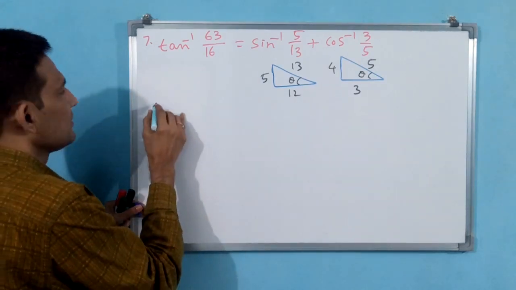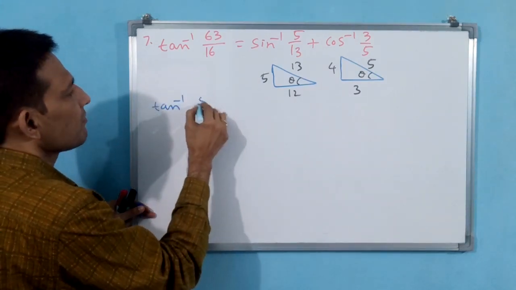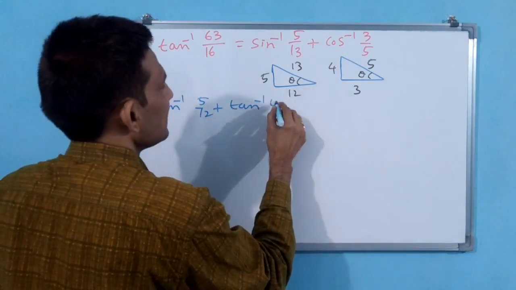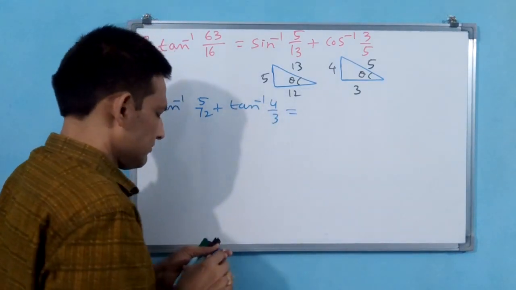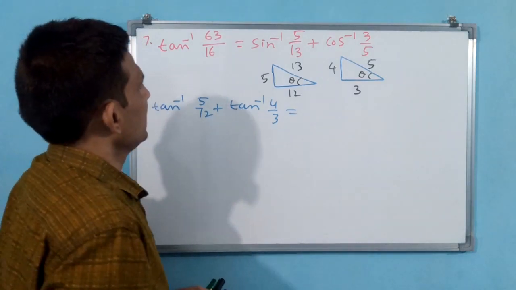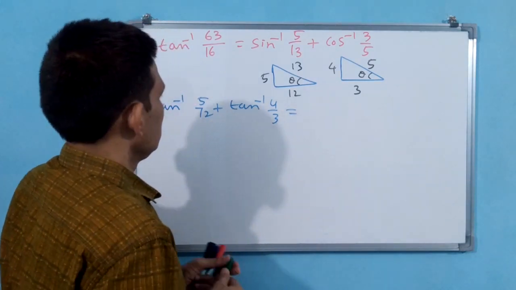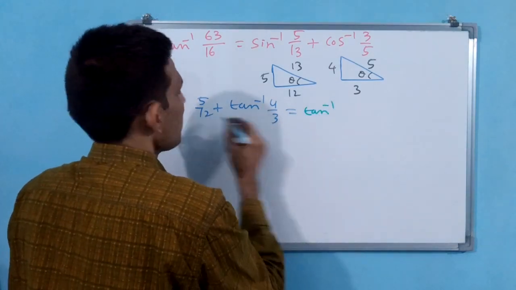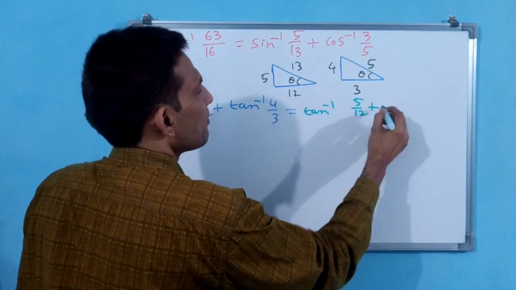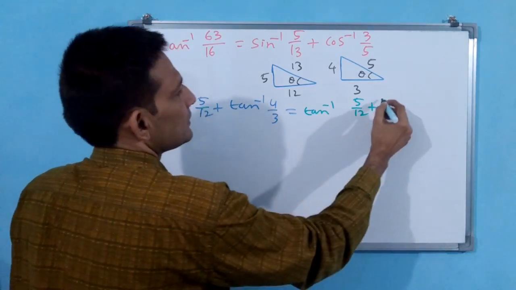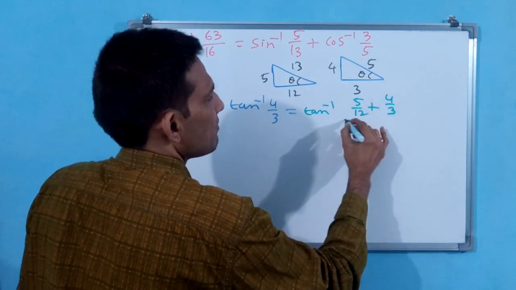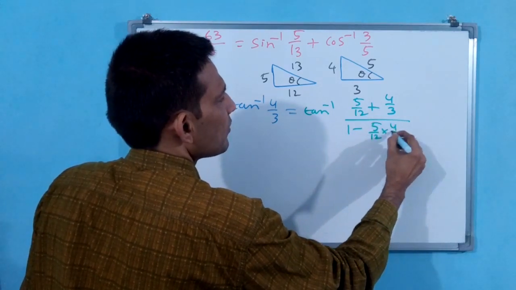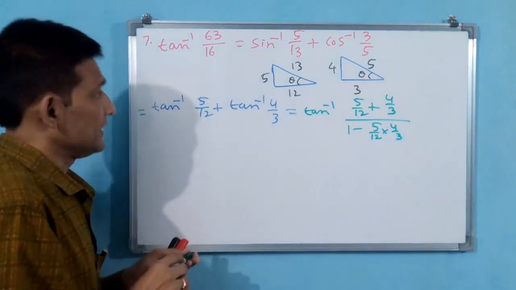RHS, like you have to write: tan inverse 5 by 12 plus tan inverse 4 by 3 is equal to tan inverse of 5 by 12 plus 4 by 3 by 1 minus 5 by 12 into 4 by 3.